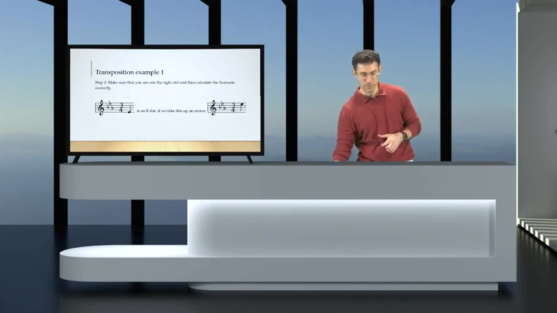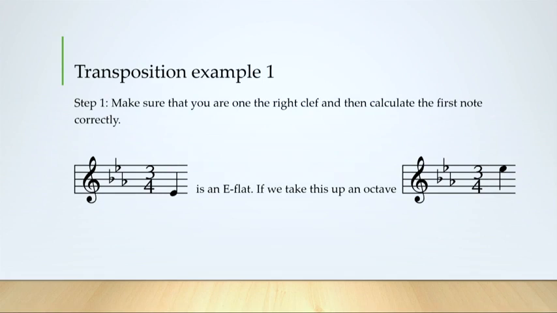The first step is to make sure that you are in the right clef and that you've got the right first note. So let's look at the screen again. You'll see that the first note of the original melody is the E, or the E flat that is, on the bottom line of the treble clef.